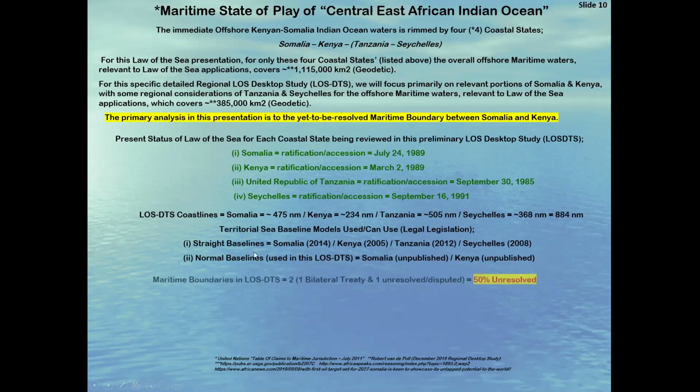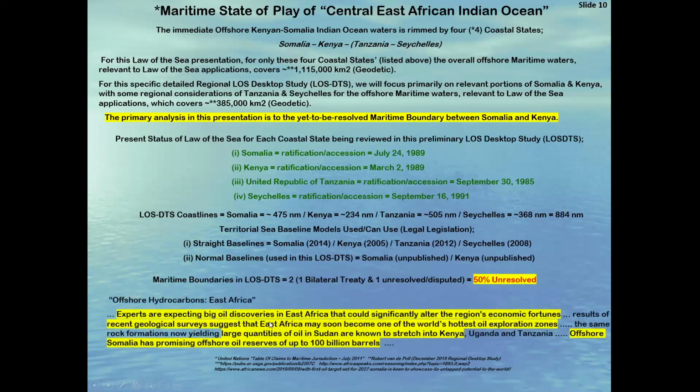Straight baselines, normal baselines are being used by these various countries, and I'll cover that in detail. And there's only 1 maritime boundary in the immediate study area, so there's 1 treaty, and so 1 bilateral treaty and 1 unresolved dispute, which we obviously know is our primary focus. Just some interesting background. Experts are expecting big oil discoveries in East Africa.